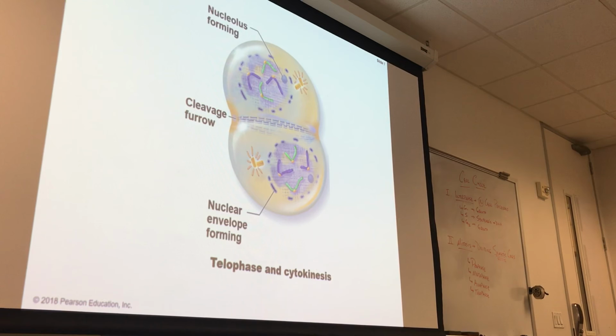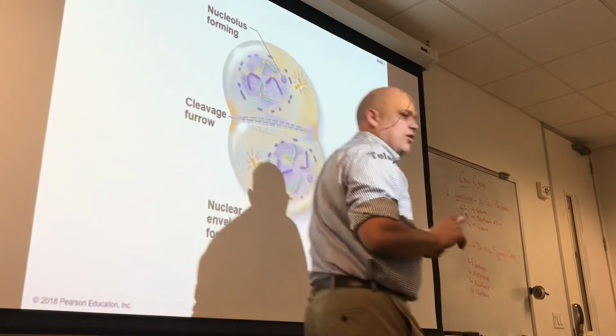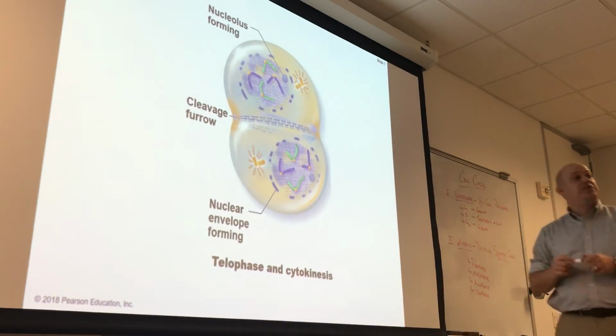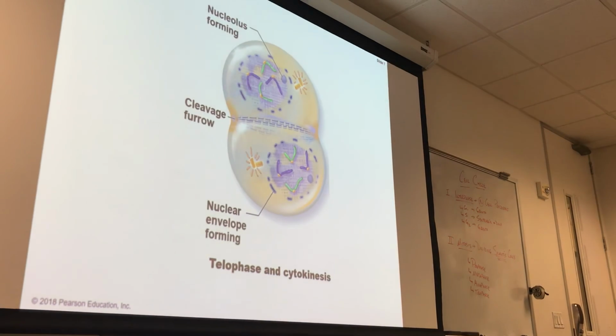That process begins to occur when the cleavage furrow starts. So when you start to see that cleavage furrow, we know that we're now starting the process of cytokinesis, which is the sharing of the cytoplasm.